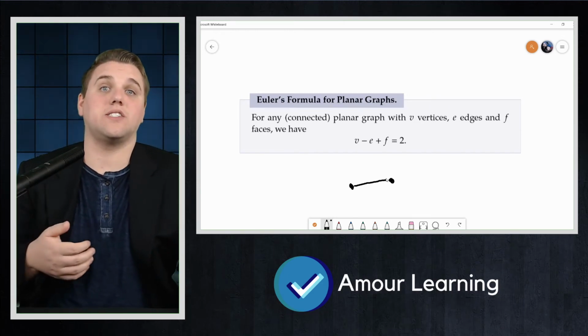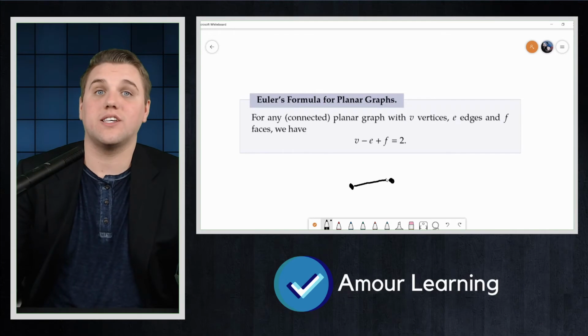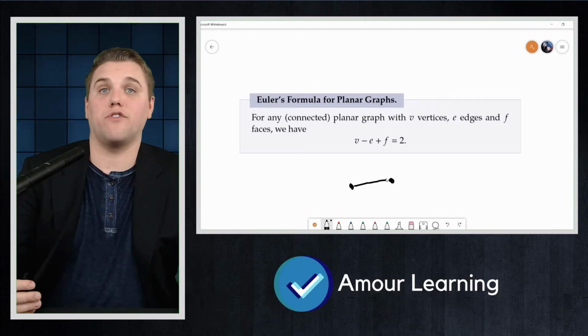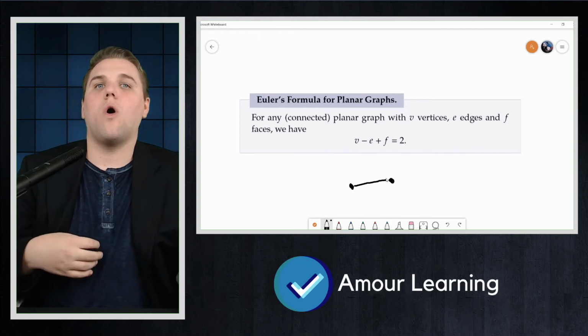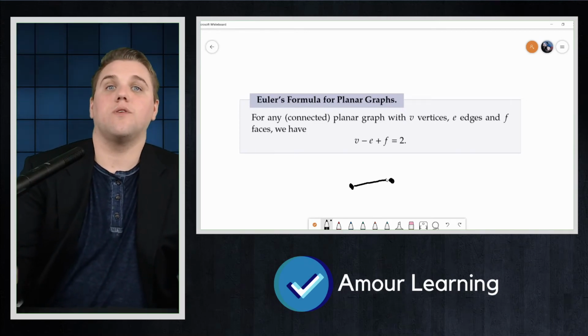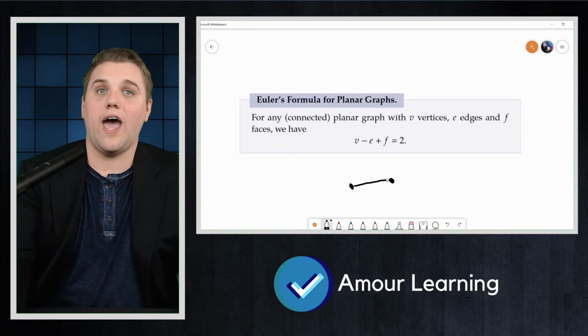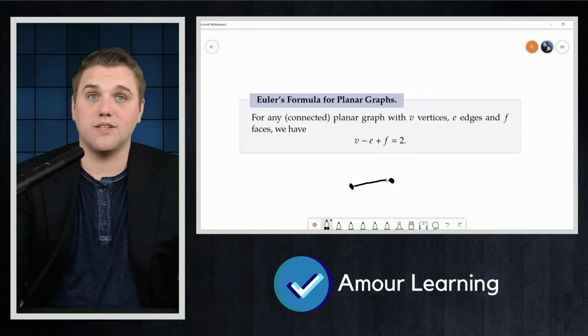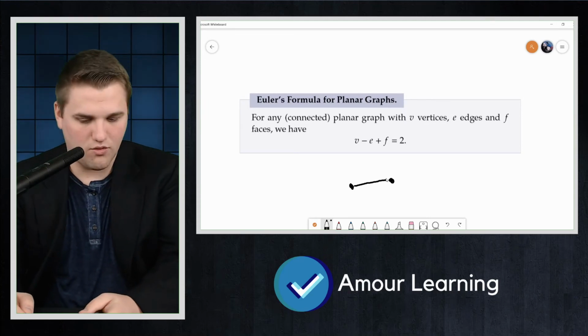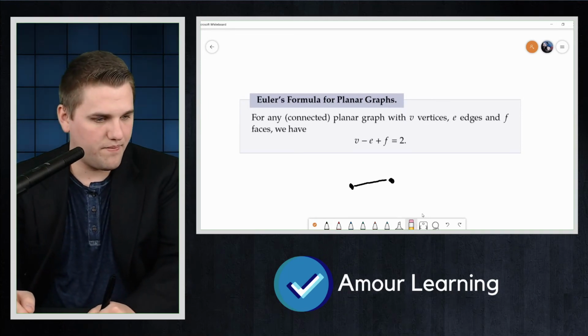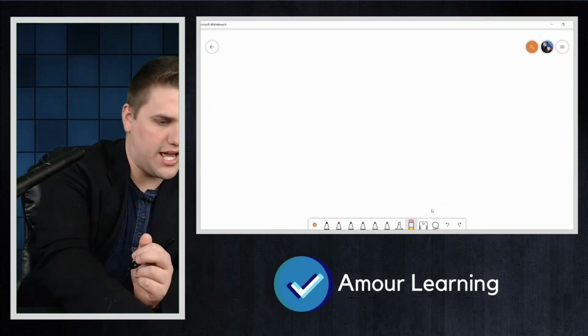Each step will consist of either adding a new vertex connected by a new edge to part of your graph, so creating a new spike, or by connecting 2 vertices already in the graph with a new edge, completing a circuit. Let's take a look at what that looks like. I'm going to erase everything real quick here. There we go. See what that looks like.